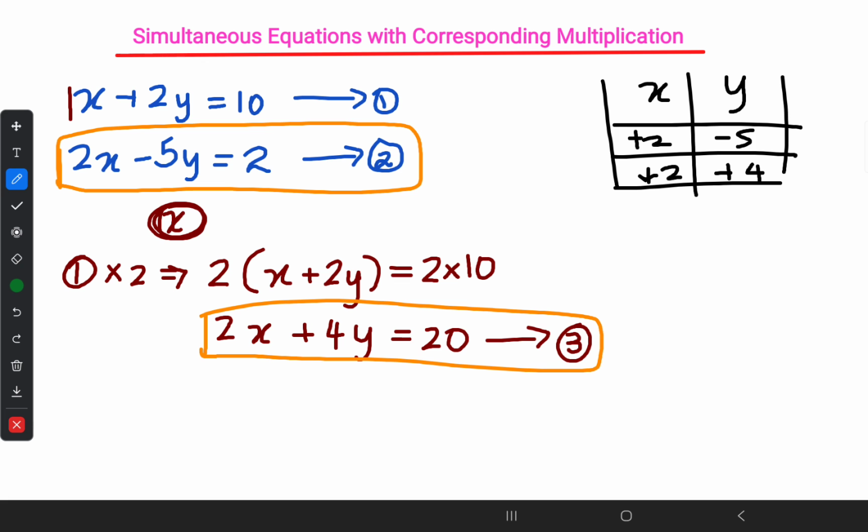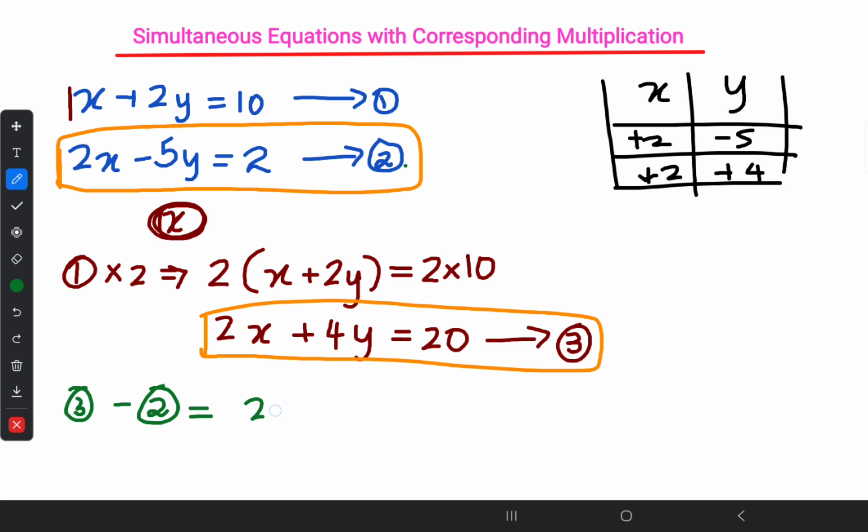So I will subtract the second equation from the third. Third equation minus second equation.